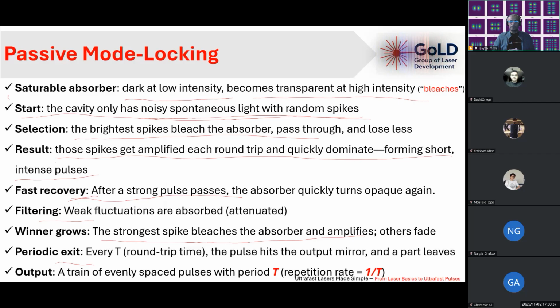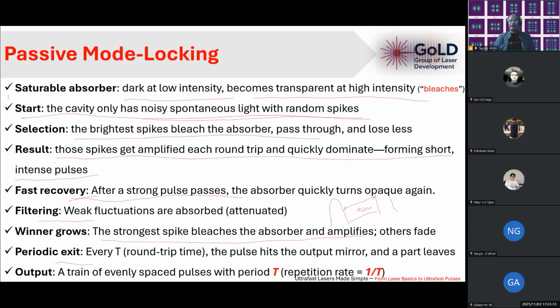We call it the repetition rate, like after how many seconds or fraction of seconds one pulse comes. We are not saying how long the pulse stays, but after how much time a pulse comes is called the repetition rate. So if this is your pulse and the second pulse is here, the time between them, we call it the repetition rate. It's 1/t.